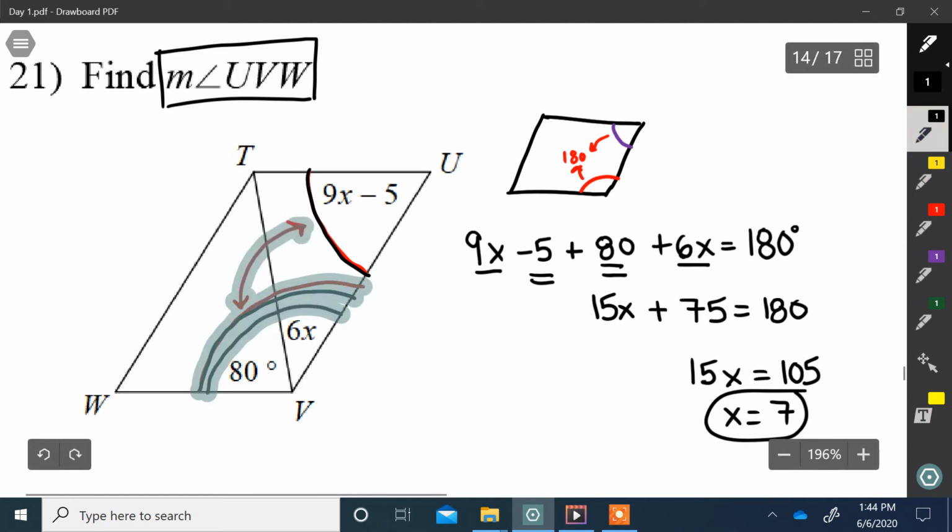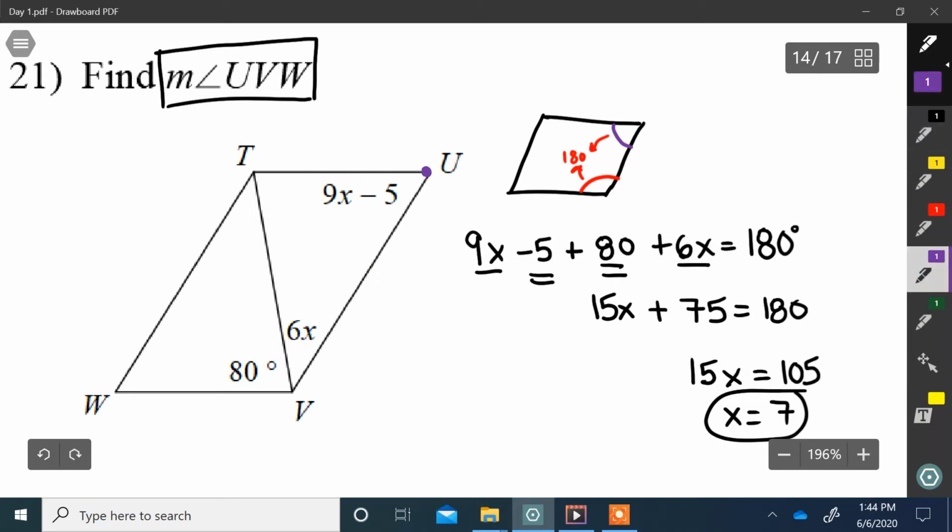So what is UBW? Well, UBW is right there. We start with U, B, and then W. So they're asking you to find this angle right here.